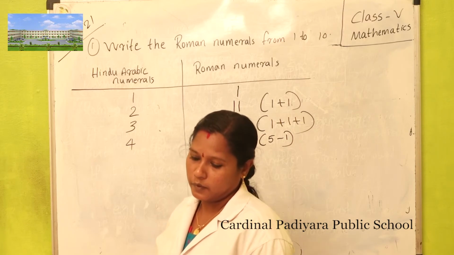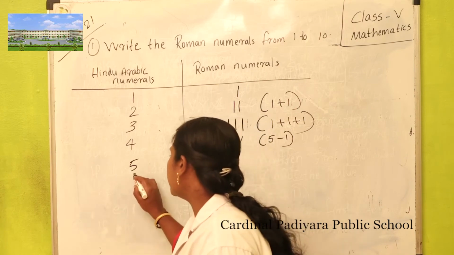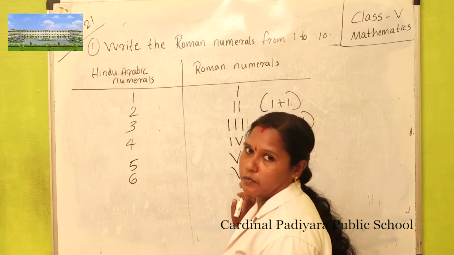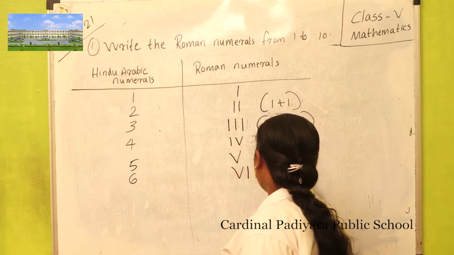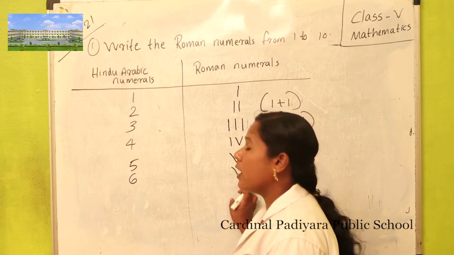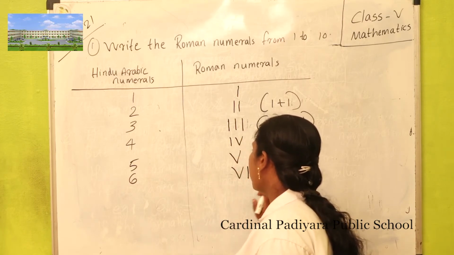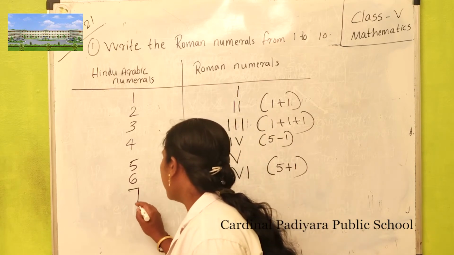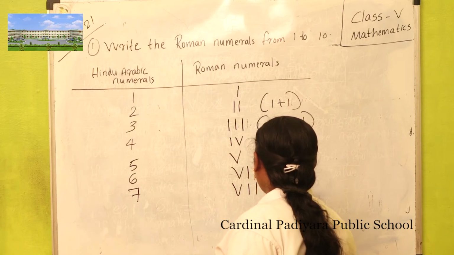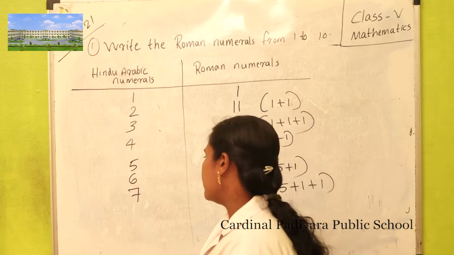Then 5, V. Then 6, VI. 5 plus 1. Bigger value is written first followed by the smaller value means add the value. V is 5, I is 1, that means 5 plus 1, 6. Then 7, VII. That means 5 plus 1 plus 1. 5 plus 1, 6. 6 plus 1, 7.